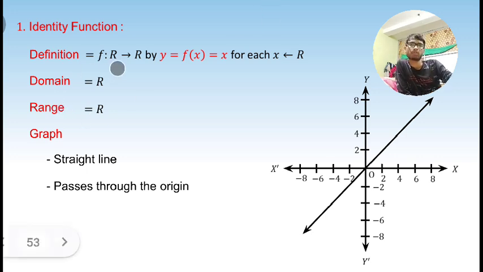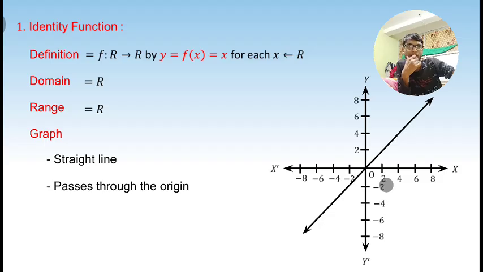Now the definition: if this is a function from R to R by y is equal to f(x), so both values are equal. Now domain and range: the domain is R and the range is also R. The graph would be a straight line that passes through the origin. If x is 2, y is also 2.